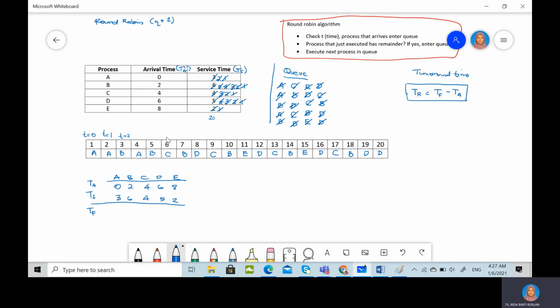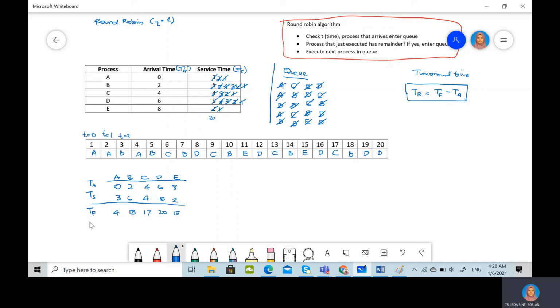The finish time for A is 4. Finish time for B is 18. Finish time for C is 17. Finish time for D is 20. And finish time for E is 15.